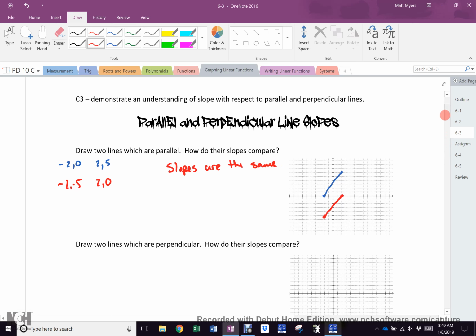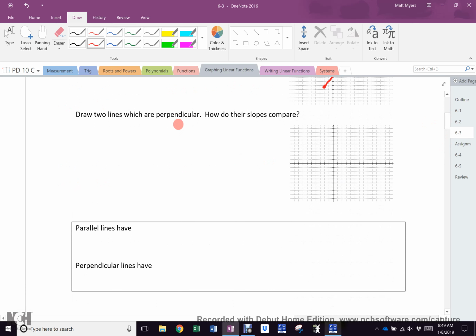Okay. On down here, we're going to need to do two things to prove this. On the left side of your graph, put a point at -8, -2, and -8, +2.